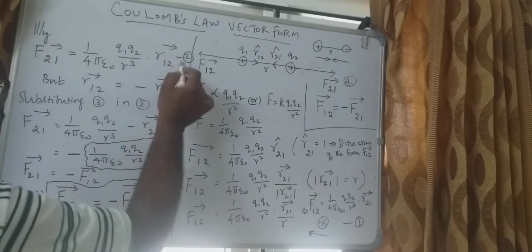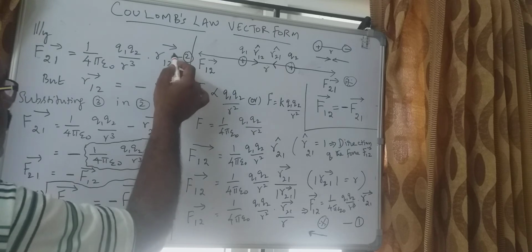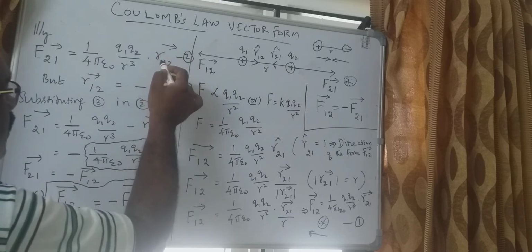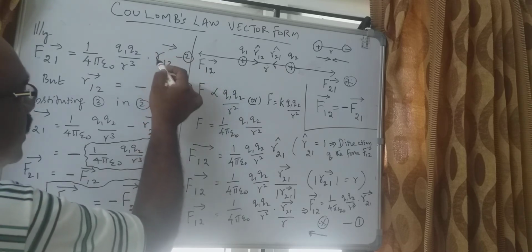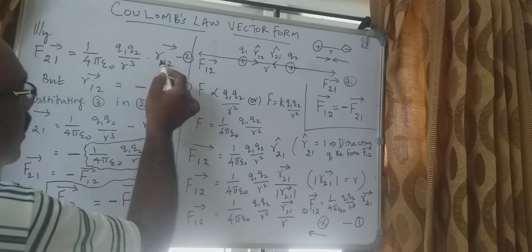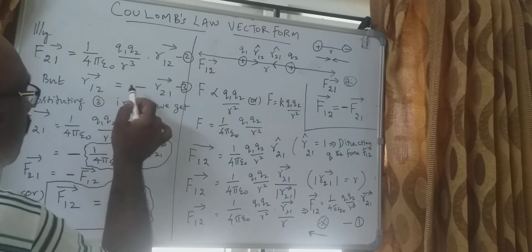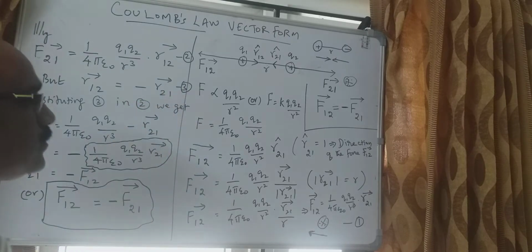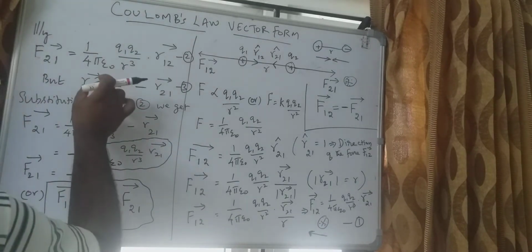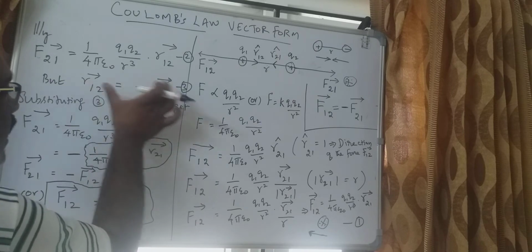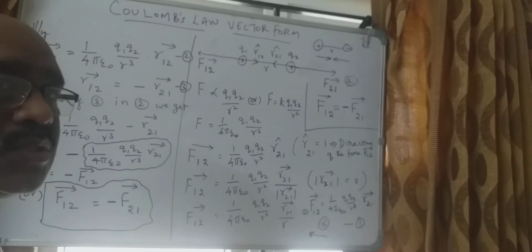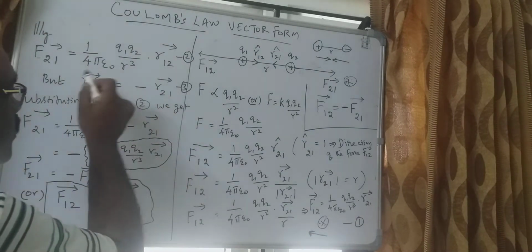So, the vector notation for the direction r 1 2 can simply be written as minus of r 2 1, because they are equal, but the direction is opposite to each other.